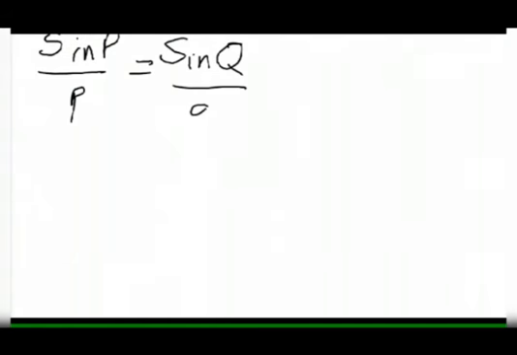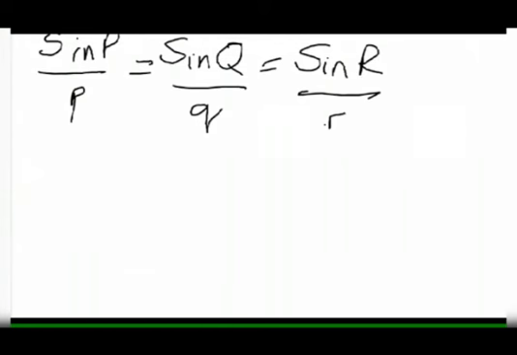For us to use the sine rule in this particular example, we need to know that sine P over p is equal to sine Q over q, which is also equal to sine R over r.